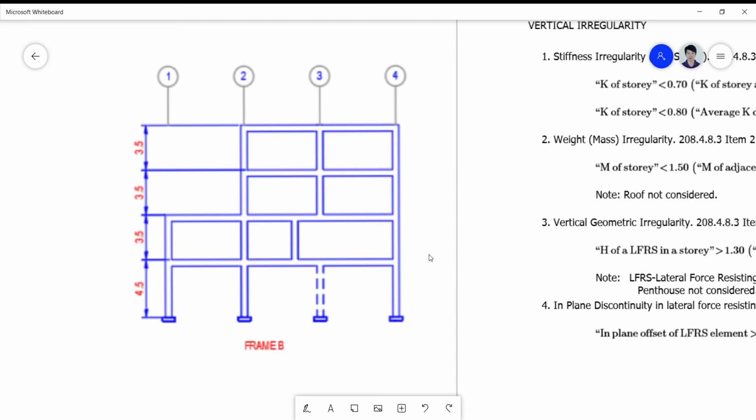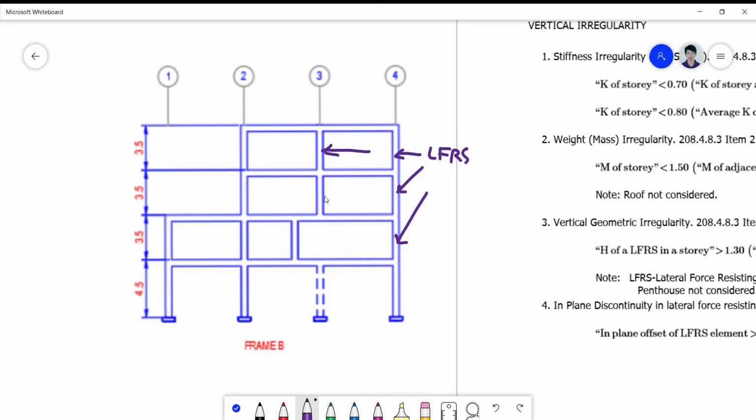And where are the elements that produce the configuration or setup of your building? Okay, so we have the lateral force resisting system. So these are now the LFRS. Okay, so all these columns here contribute to your LFRS.